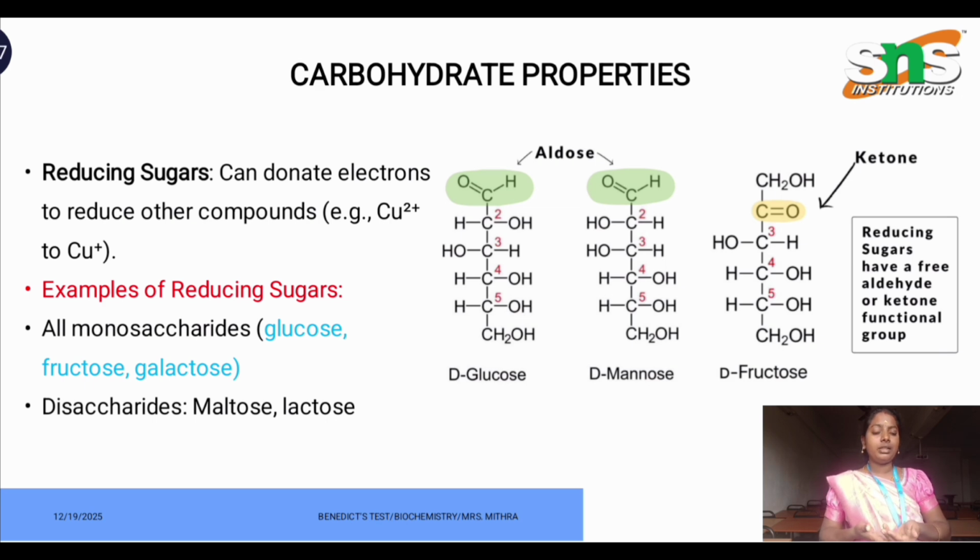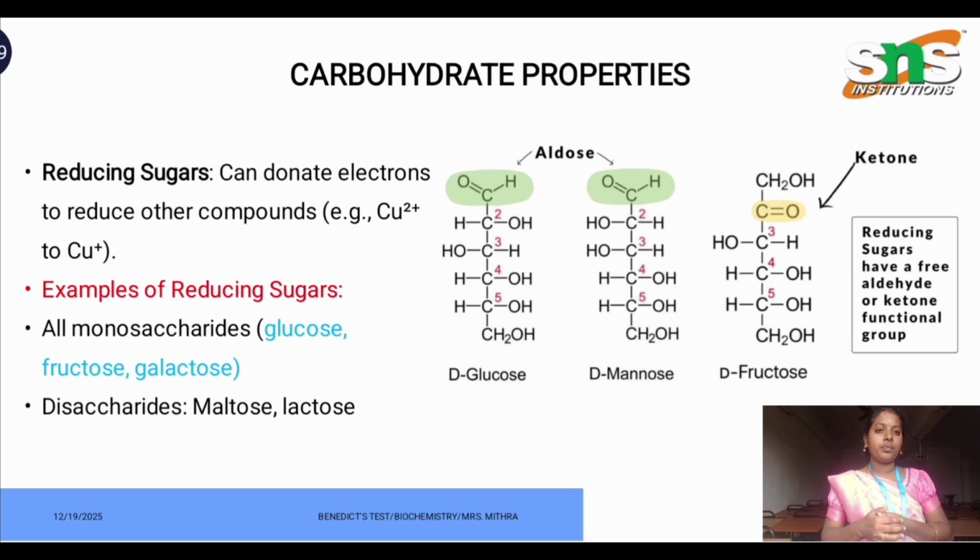For example, some of the reducing sugars from monosaccharides are glucose, fructose and galactose, and from disaccharides maltose and lactose. You can see the image of glucose, mannose and fructose there. In glucose, the aldehyde functional group is present. In mannose also, the aldehyde functional group.